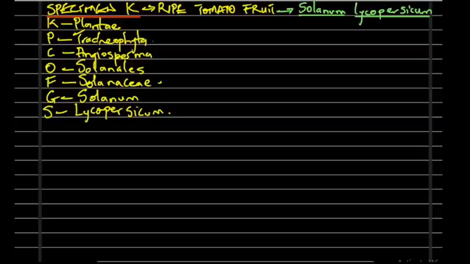So talking about it now, tomato is a vegetable. So let me start this way. It is an edible berry or vegetable. Tomato is an edible berry. Yes, it belongs to the class of the berries.